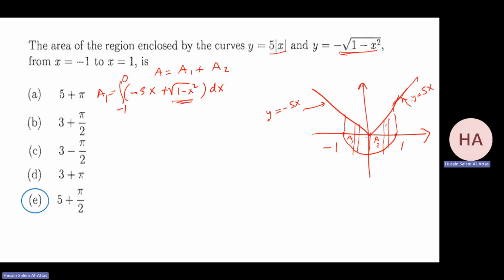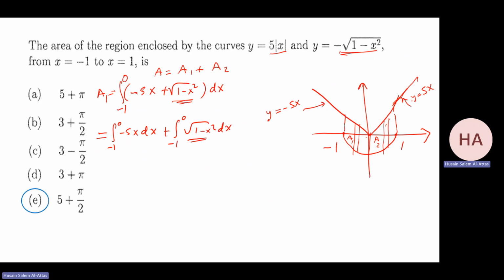So this will be minus 5x squared over 2 from minus 1 to 0, of minus 5x dx, plus the integral from minus 1 to 0 of this.